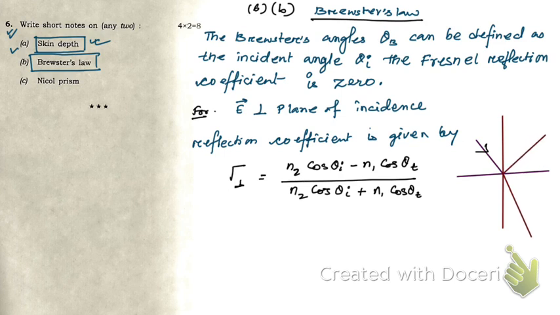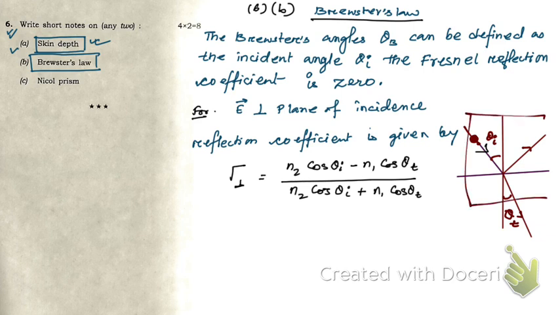This is theta I, the angle of incidence, and this angle is theta t. Here we have taken the electric field vector perpendicular to the plane of incidence.